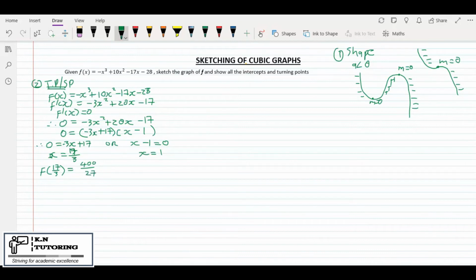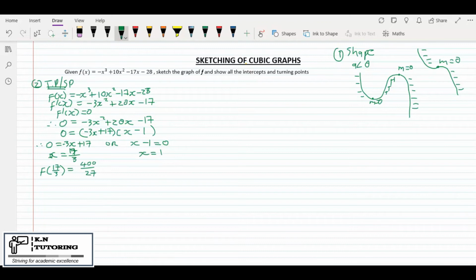The reason why I'm not showing you all the steps is that I'm trying to save time, and I believe you should now be able to solve this problem. That's why I spend most of my time going through each and every key concept, so that when you get to sketching of graphs, we don't repeat what we've already covered in the previous lessons.